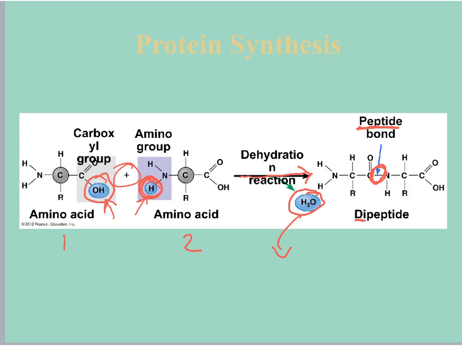So you kind of get an idea of how proteins are assembled now through protein synthesis. And that protein synthesis is a dehydration reaction. The bonds that are formed that are holding amino acids together are called peptide bonds.